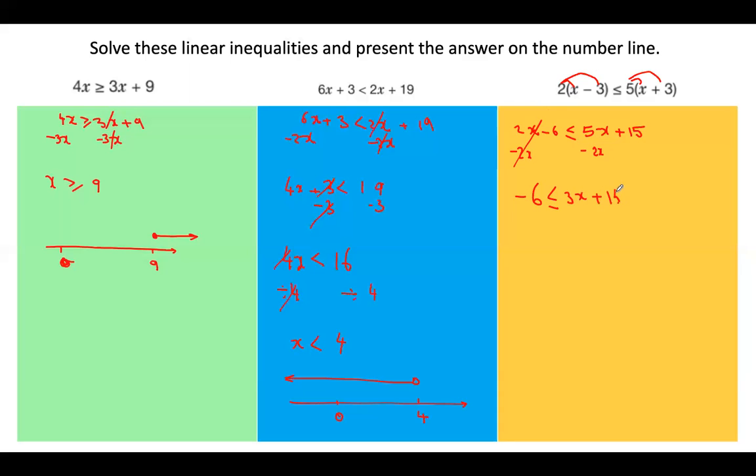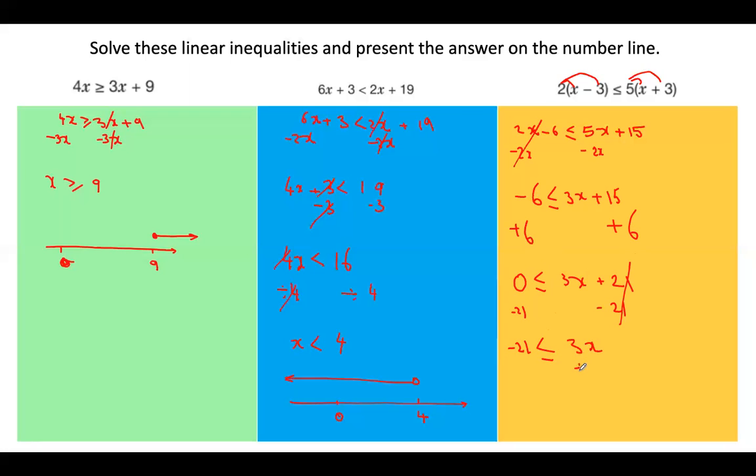And then now I'm going to get rid of the smallest number, which is minus 6. So I'm going to do plus 6, plus 6. Now minus 6 plus 6 is 0, smaller than or equal to 3x plus 21. Right? And then get rid of the loose number, minus 21, minus 21. And so we're going to have minus 21, okay, smaller than or equal to 3x.